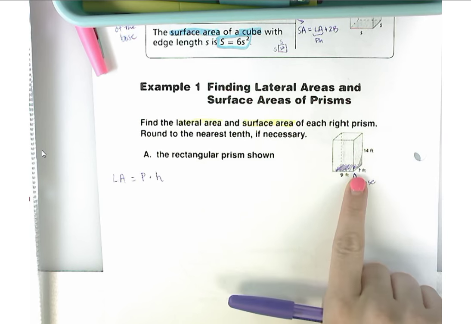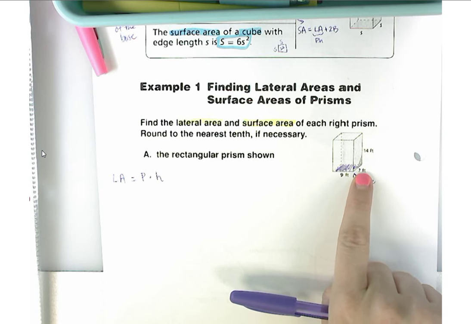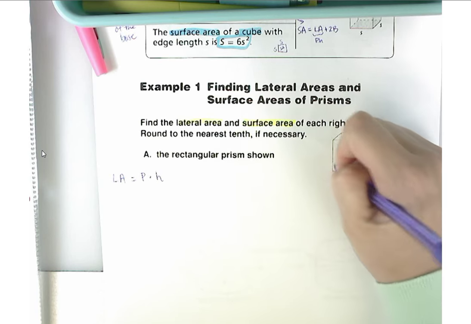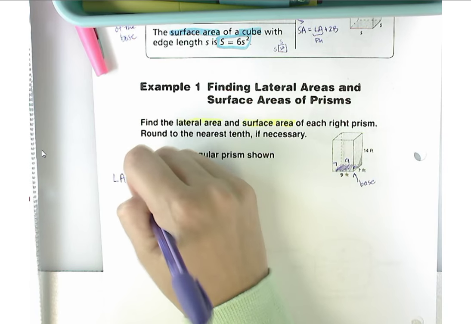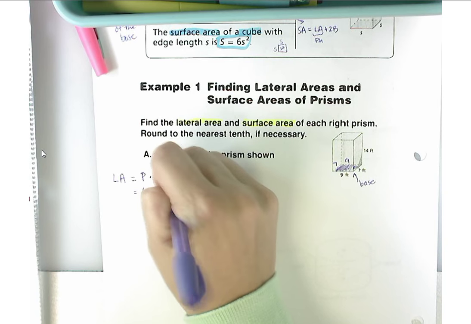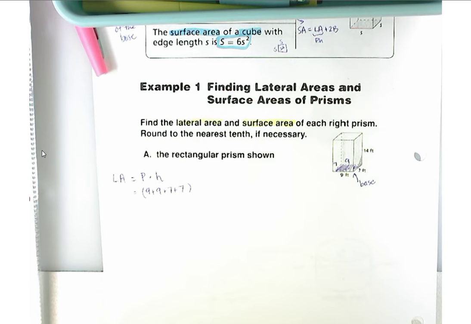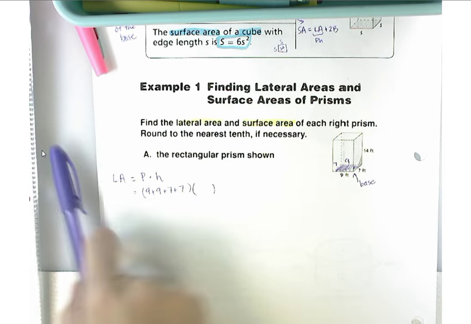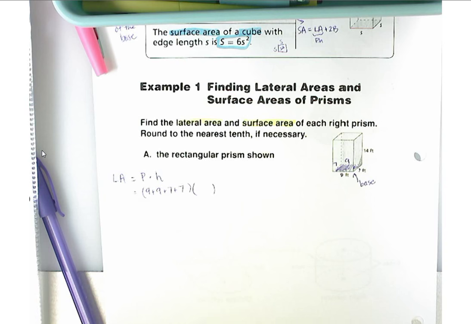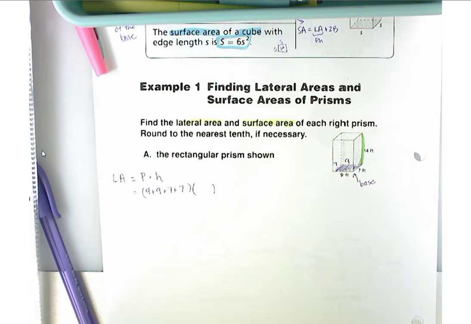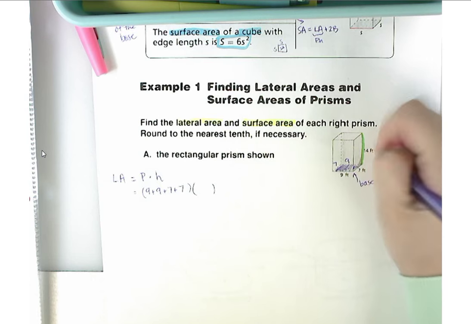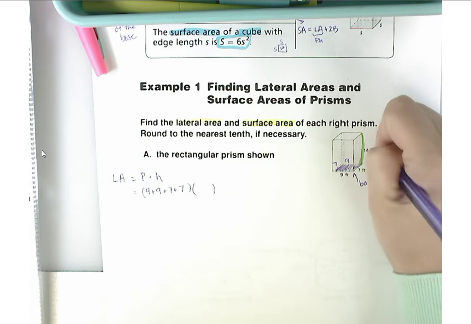Now, if it's a rectangle, if this side is 7, what do I know this side is? 7. And if this side is 9, this side is 9. So the perimeter for the base is 9 plus 9 plus 7 plus 7. And then we're going to multiply that by the height. So the height is going to go from one base to the other. And your height is going to be 14 feet.